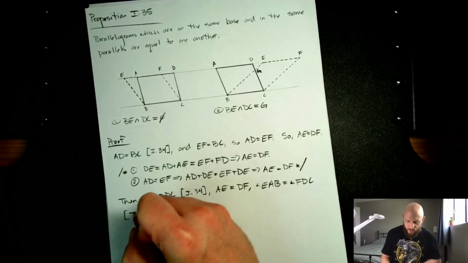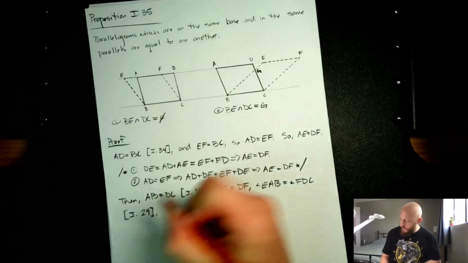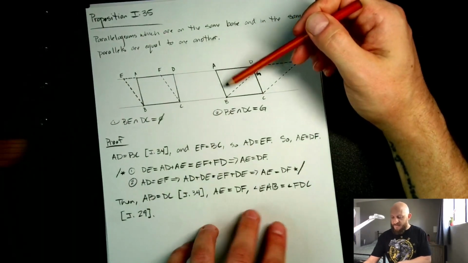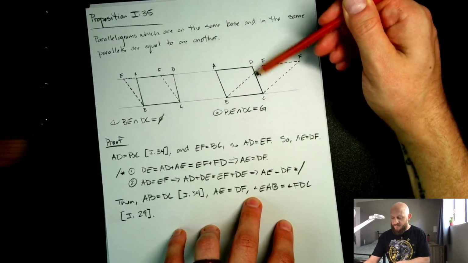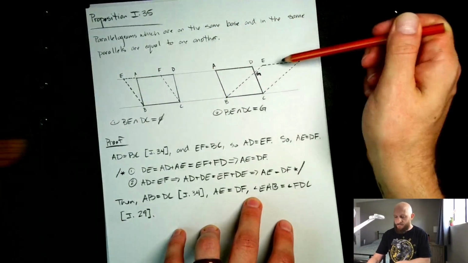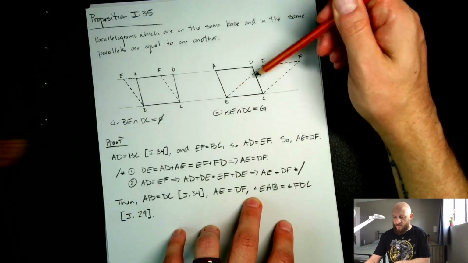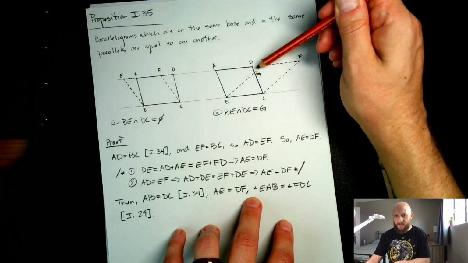And why is that true? Well, that comes from Prop 29. The idea is that AB is parallel to DC with this top line cutting through them. So since these two lines are parallel, this angle right here is going to be the same.